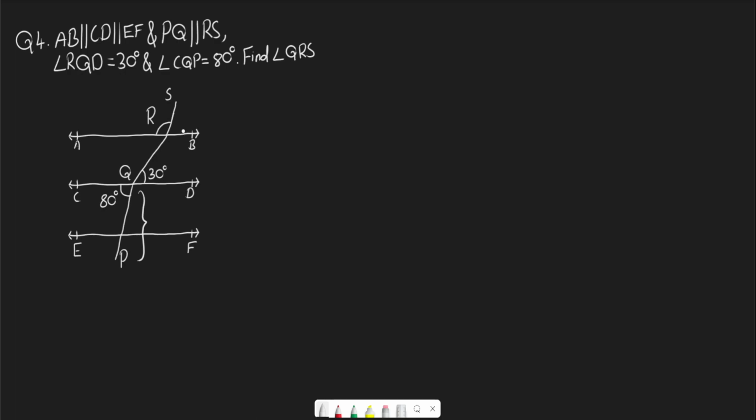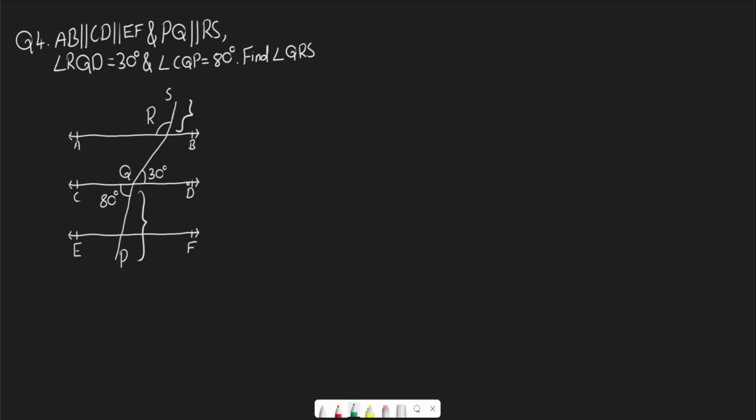Alright, that's true. So we know that angle RQD is 30 degrees, it's there in the figure. And angle CQP is 80 degrees, that's also in the figure. What's given is to find angle QRS.